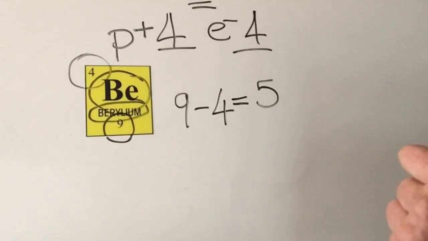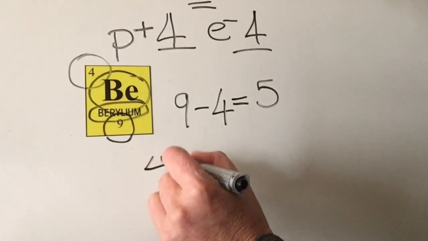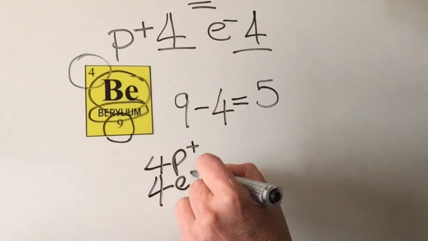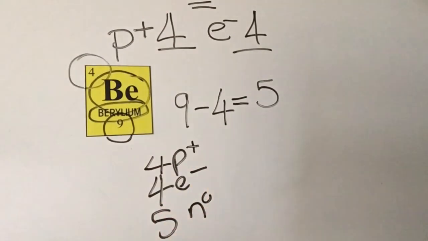So this element, beryllium, has 4 protons, 4 electrons, and 5 neutrons. And that is how you work out an element's atomic configuration.